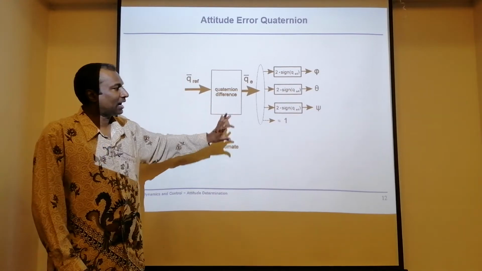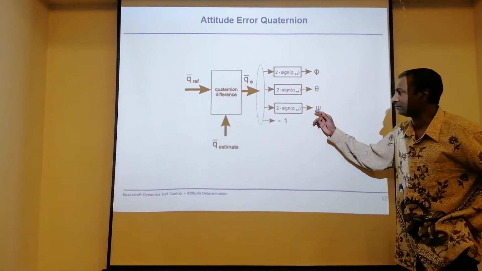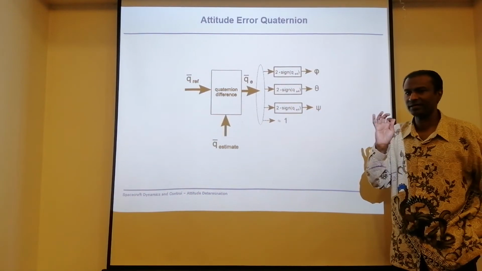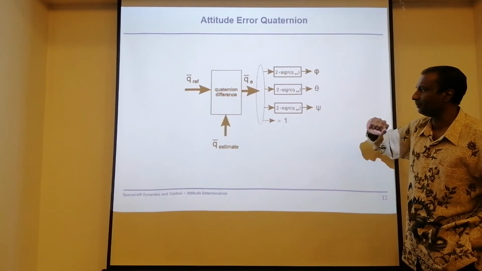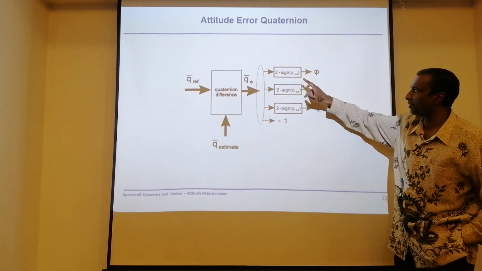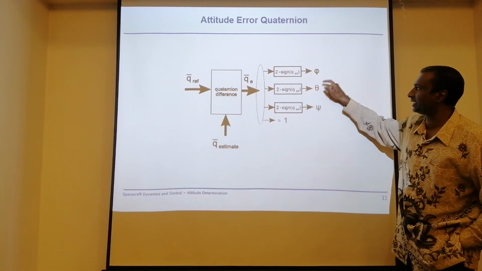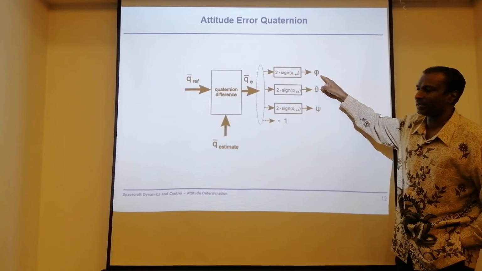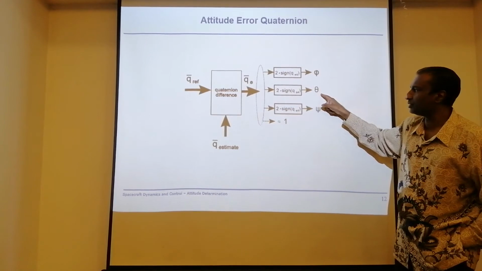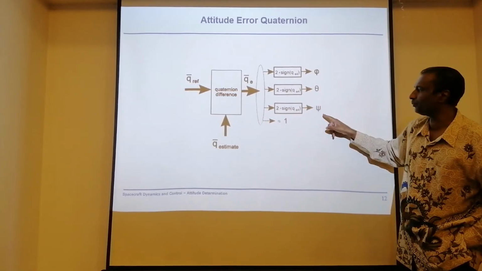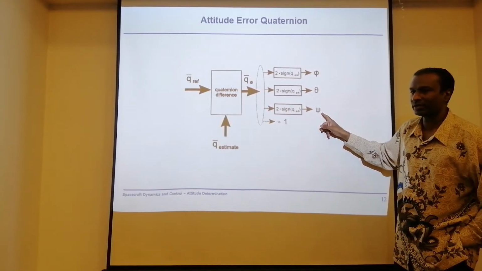So technically speaking, remember this formulation when the angle is very, very small. That means when the Euler angle is very, very small, this can be used directly, which means that your Q1, Q2, Q3: Q1 is exactly roll over 2, Q2 is pitch over 2, and yaw over 2 as well.